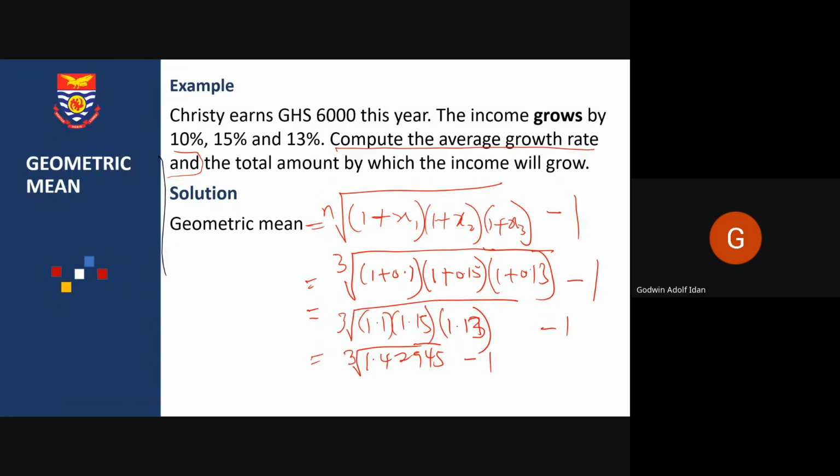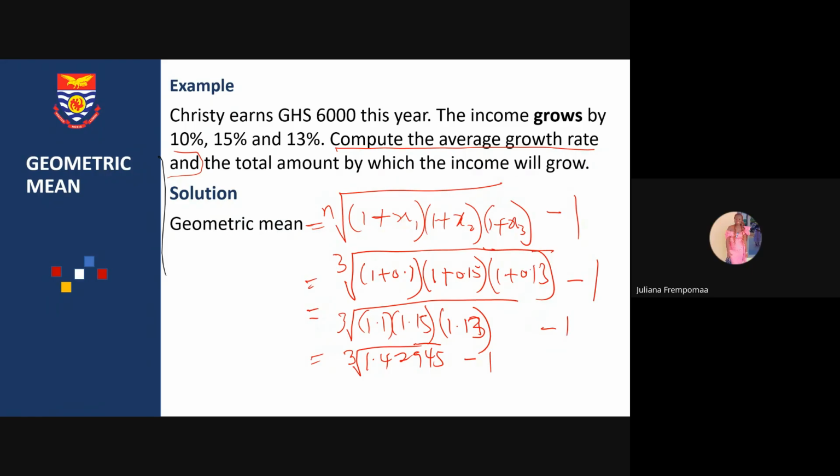Are you using a calculator? Or are you using your phone? We are using the calculator. So you should find the cubic root on the calculator.